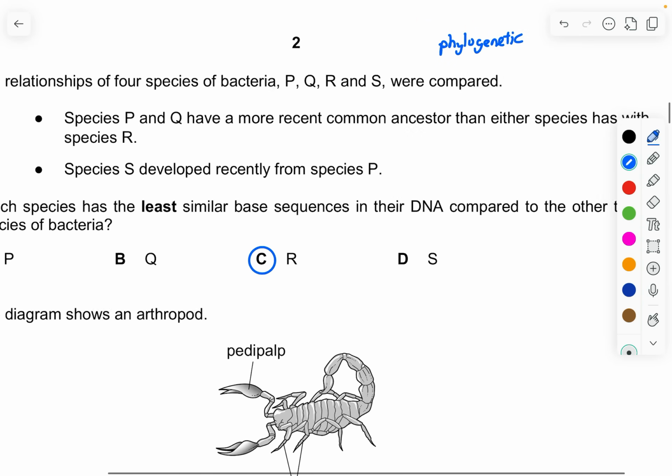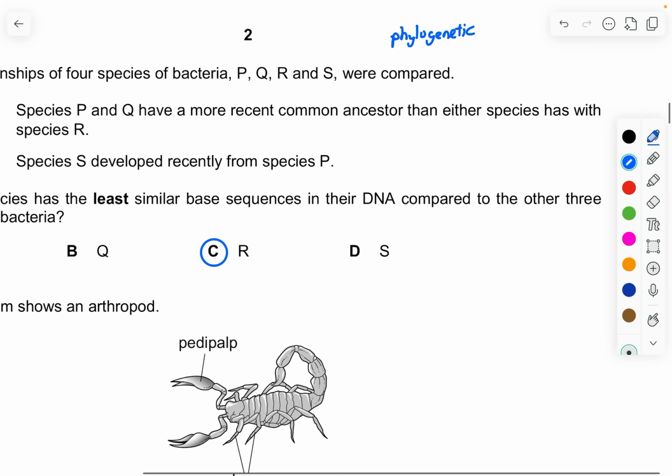So if P and Q have a more recent common ancestor, I might as well put that as P and Q, which have a more recent common ancestor than either species has with species R.